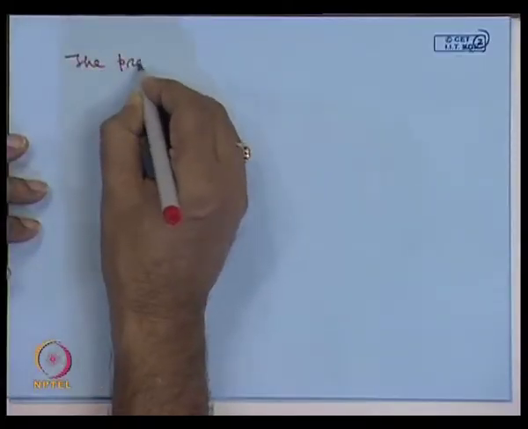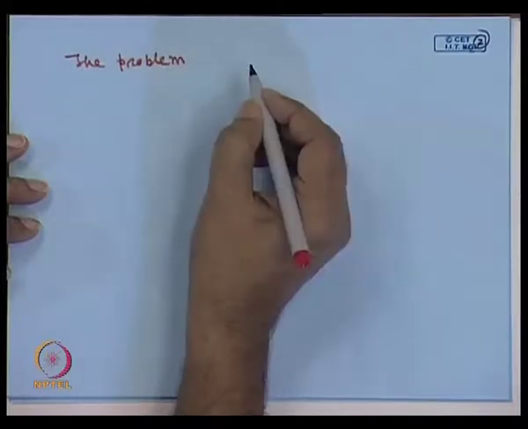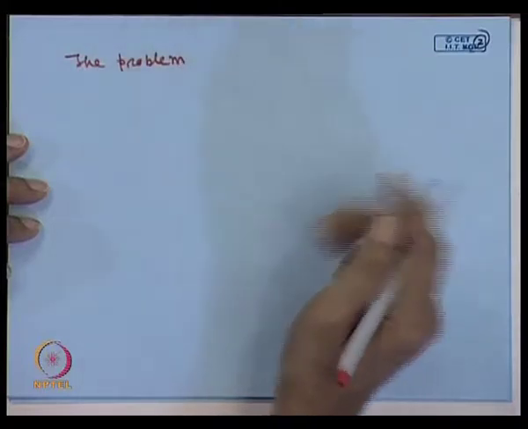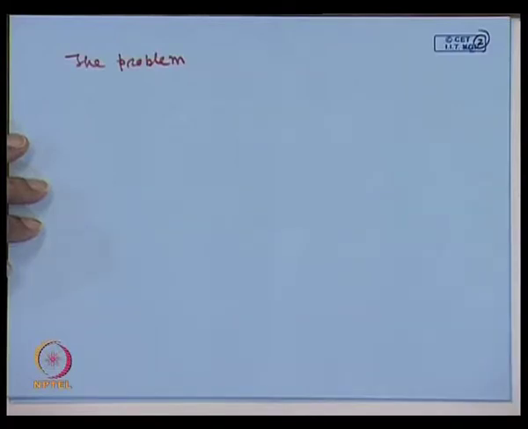The problem is reformulated, converting all inequality constraints into equality constraints, and then we are putting these constraints into the objective function.